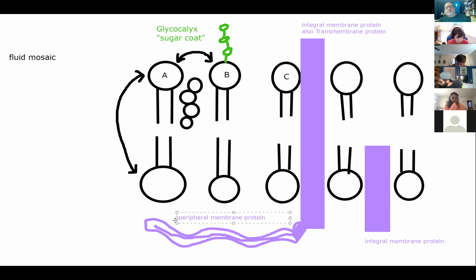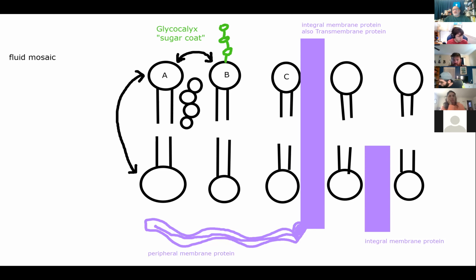So integral membrane proteins are attached to the plasma membrane, embedded in one or both layers. A peripheral membrane protein is associated with the plasma membrane, but doesn't actually connect to it. And an integral membrane protein that goes through both layers, we call a transmembrane protein.